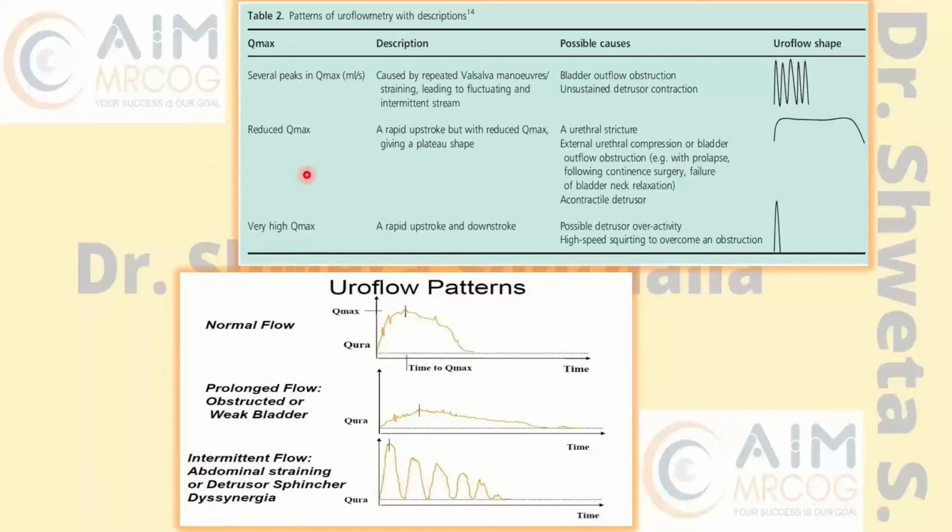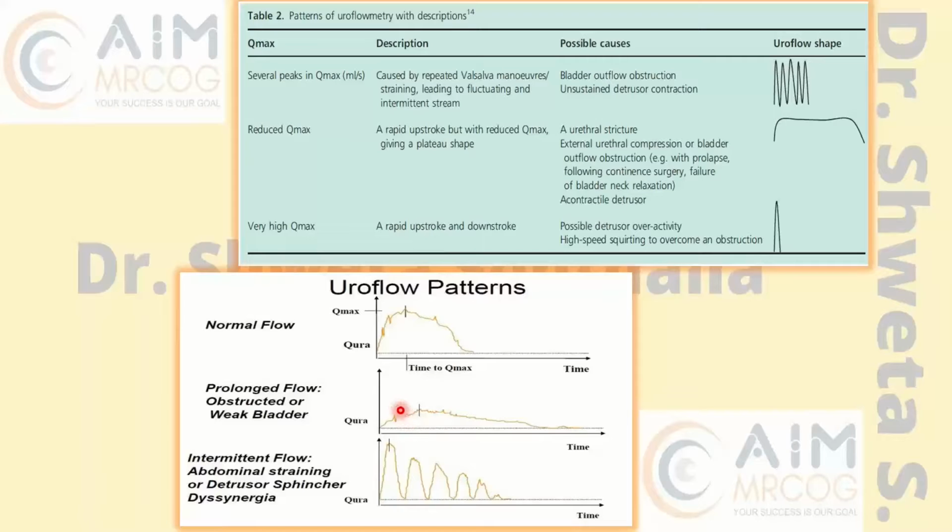Now reduced Qmax. Reduced Qmax means the Qmax is reduced and plateaued. Here you are seeing the Qmax is reduced. Ideally it should be up till here. It should be more than 15. If it is 7 or 8 like this, though the parameter is not given here, this low means it is half of the depth, so it is 7 or 8. If that is the Qmax, you are unhappy. So why has it happened?